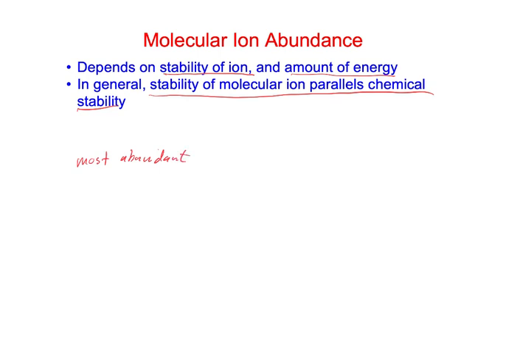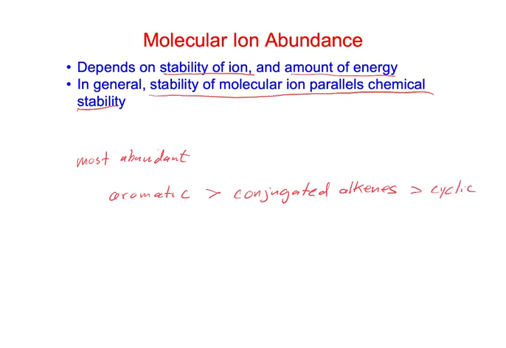All right, so the types of molecules with the most abundant molecular ions will be things like aromatic compounds, conjugated alkenes, any of these where the cation could be delocalized, right, and stabilized.